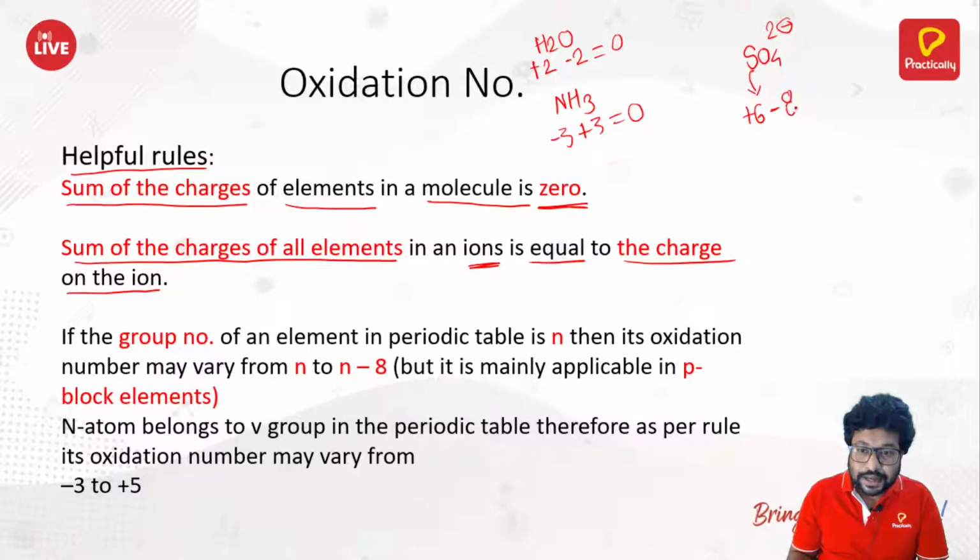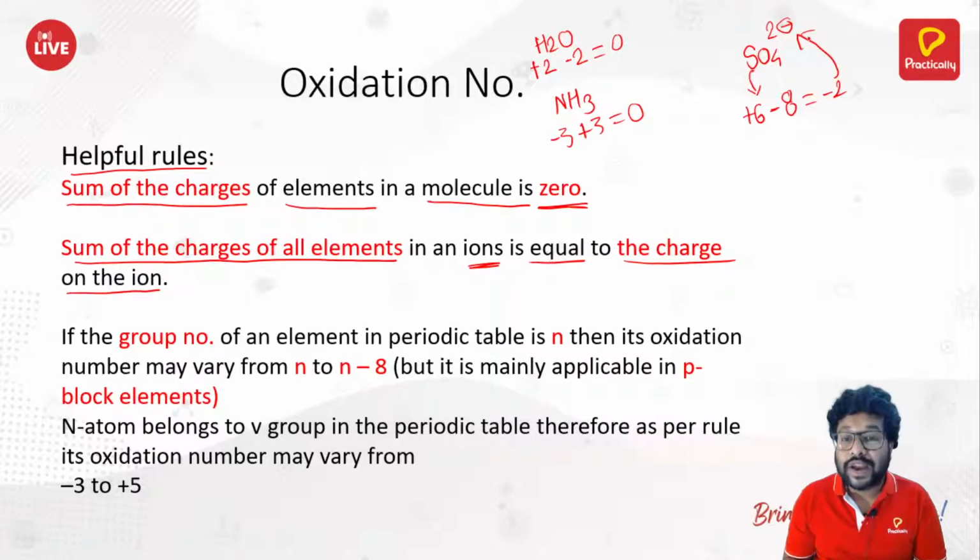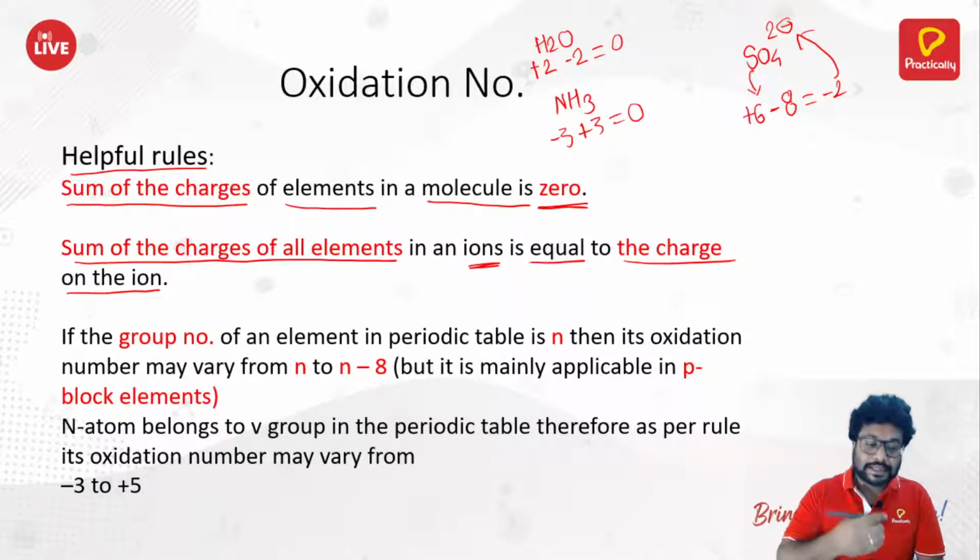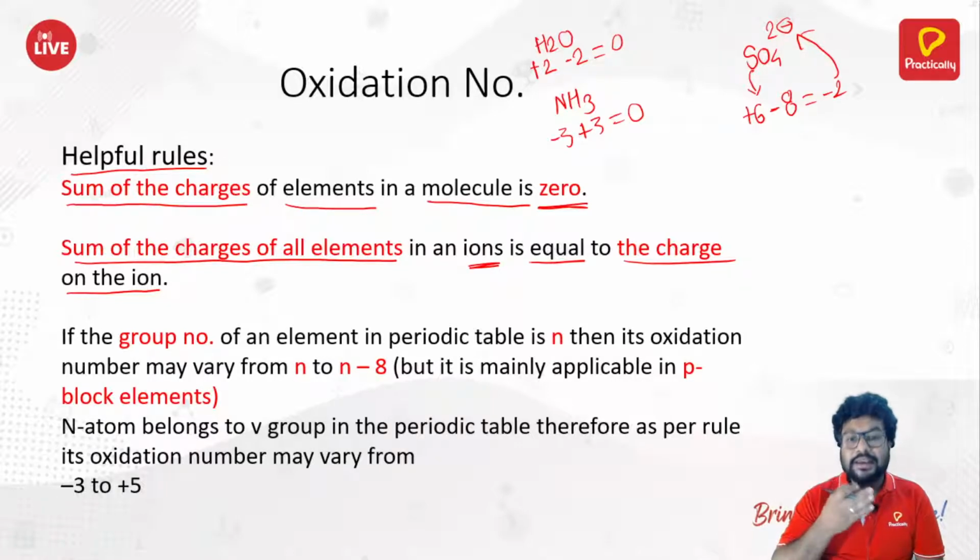So 6 minus 8 is equal to -2. And that's the charge you have over the sulfate ion. That is how the sum of charges of all the elements in a given ion, an ion could be a cation, it could be an anion, is always equal to the charge on that ion.